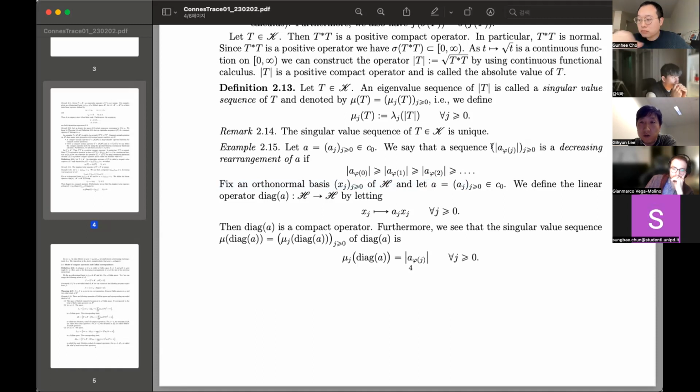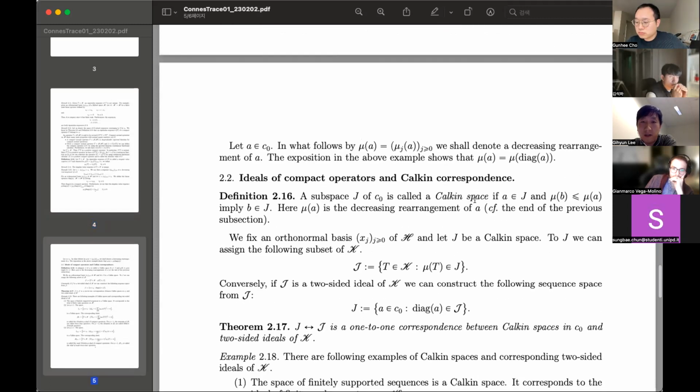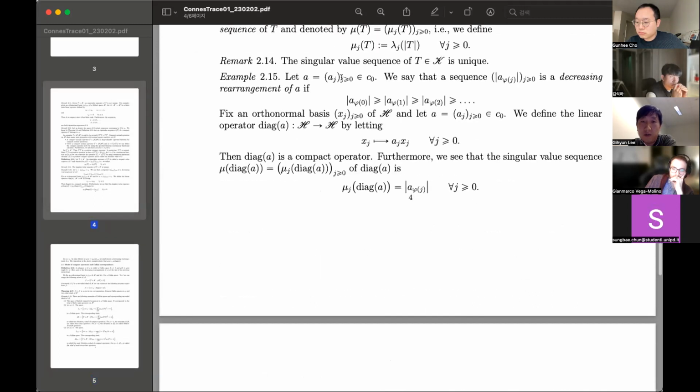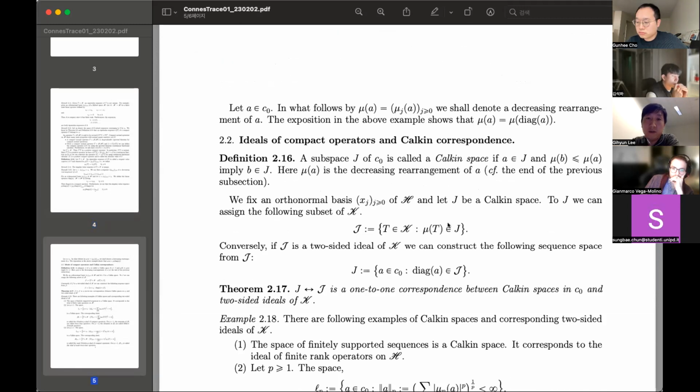So we call this sequence a decreasing rearrangement of the sequence A, which converges to 0. And we will denote the decreasing rearrangement of a given sequence A by mu A.